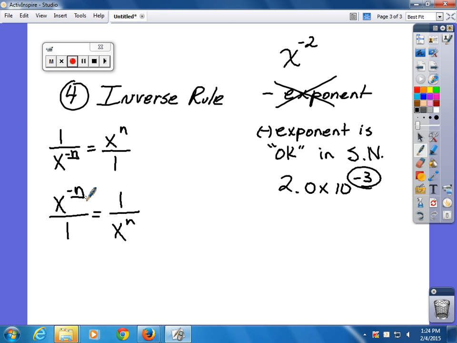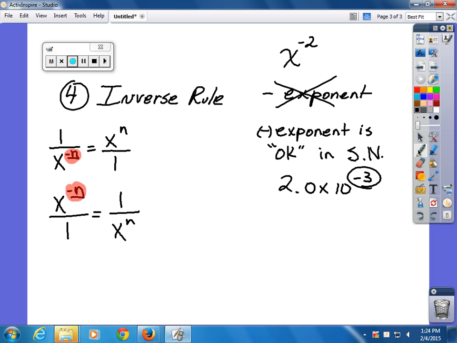So you need to take your highlighter out and highlight this guy and this guy. Because it doesn't change what's in front of it: there's a negative right here, there's still a negative right here. You can't do that. If there's a negative in the denominator and you move it to the numerator, it's still a negative.